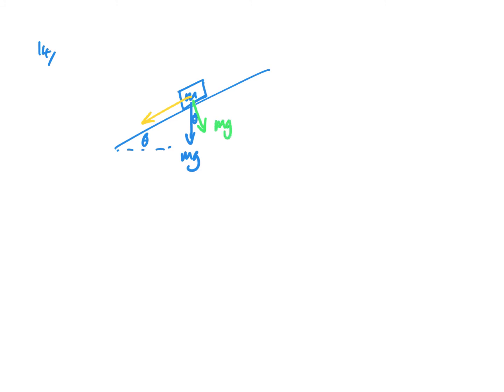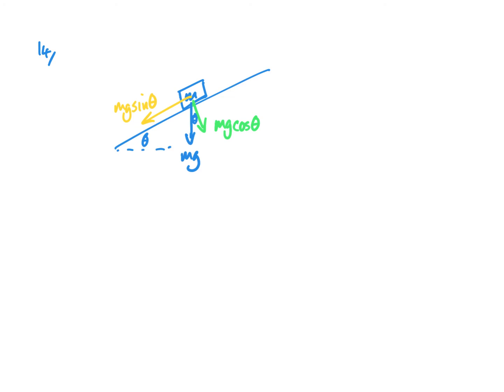But this component is mg cos theta. Can you see it's adjacent to the theta there? And the yellow component is the mg sin theta component. So we're just taking that weight mg and resolving it.